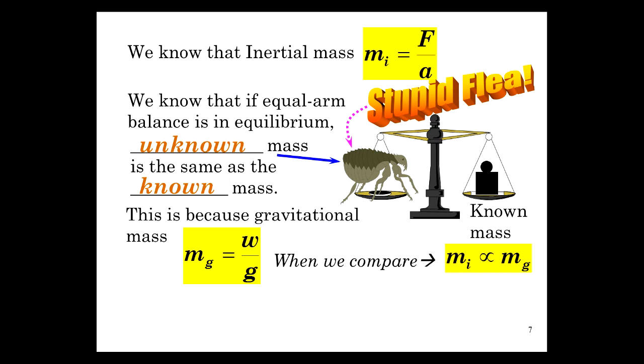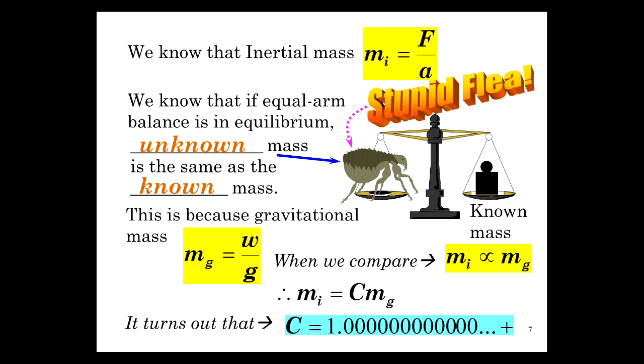Okay. When we compare these two types of masses, we find out that the inertial mass is proportional to the gravitational mass. In fact, they're equal according to this proportionality constant c, and all attempts to measure what that value c is turns out to be 1 to any level of precision that we've ever been able to come up with.